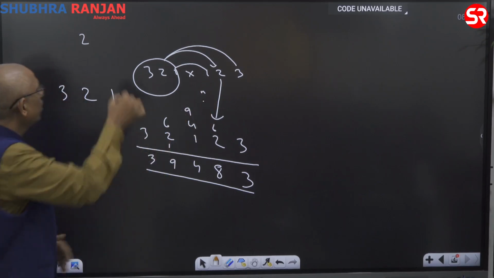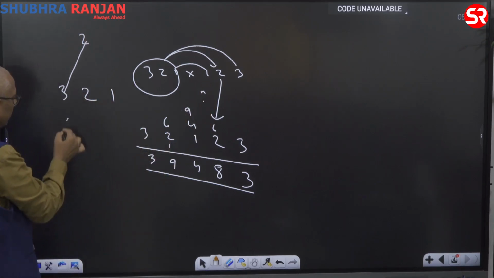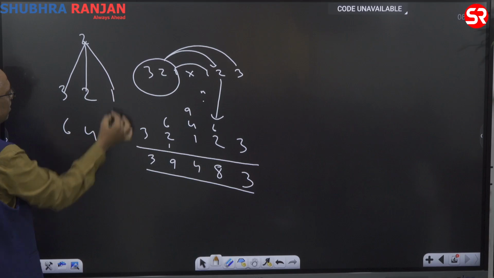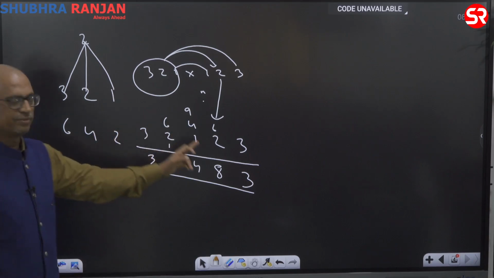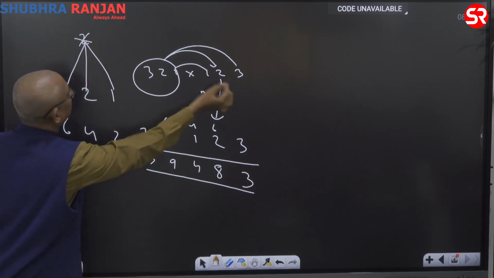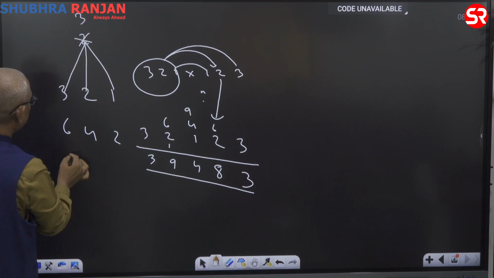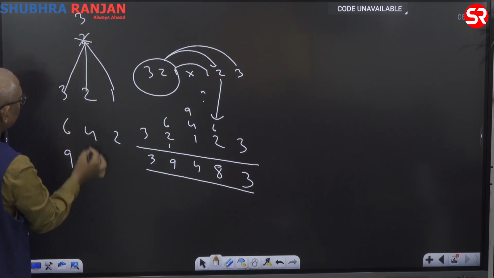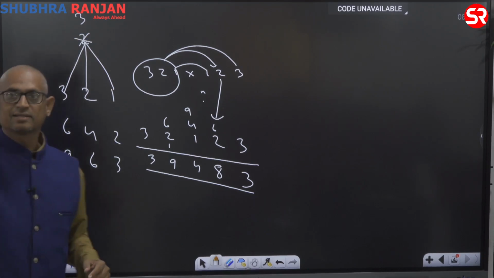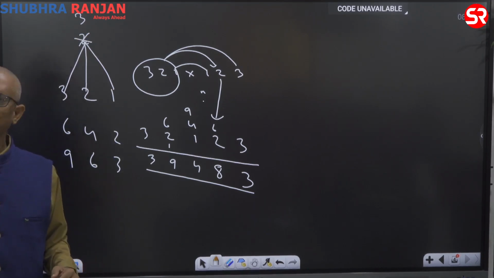So 2 threes, 2 twos, 2 ones: 642. Now next is with 3. 3 threes 9, 3 twos 6, 3 ones 3. That you have to visualize. That will be easy. It's not a problem.